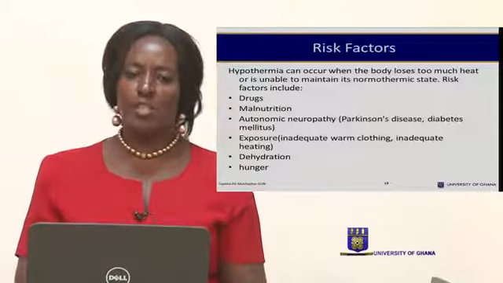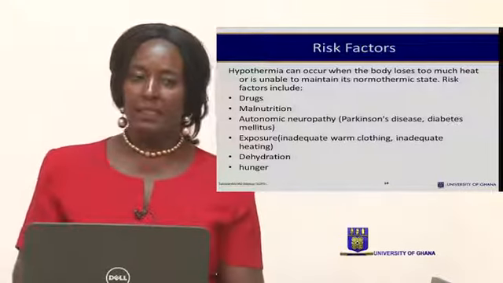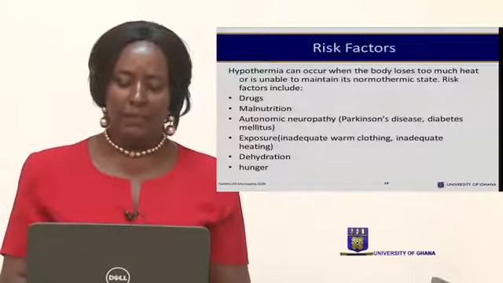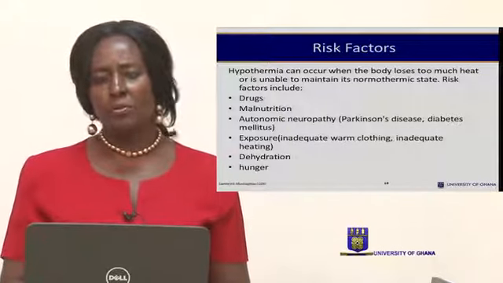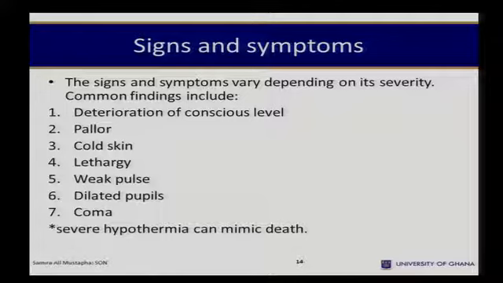Dehydration when the baby has diarrhea or is vomiting also goes with some heat loss from the body. And hunger, because the baby gets hungry, it will cry, and it will also lose some heat and energy alongside.